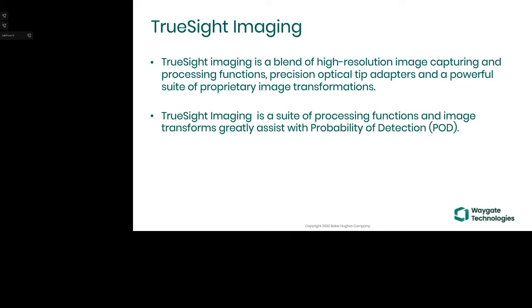That may be a new term for some of you. These image transforms, we're going to get quite a bit deeper into in this conversation. The whole idea is to be able to take a function or a feature or a visual presentation on an image and manipulate it so that you have a better chance for probability of detection.